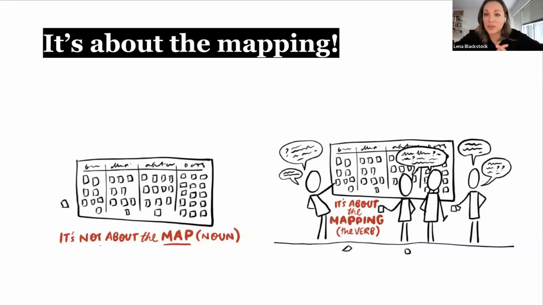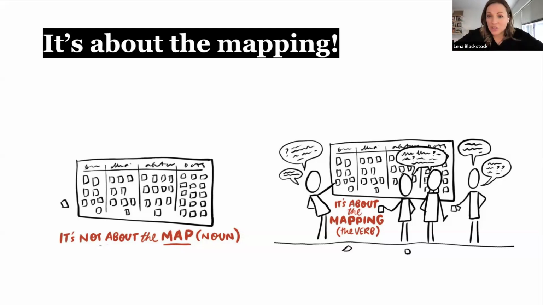Yes, you need data, and you need to create the right diagram or visualization or map. But if you don't activate your map and make it come alive in your teams, then you're probably missing the point. I think the value is in mapping together because it helps break down silos.